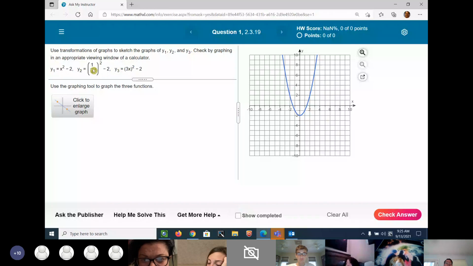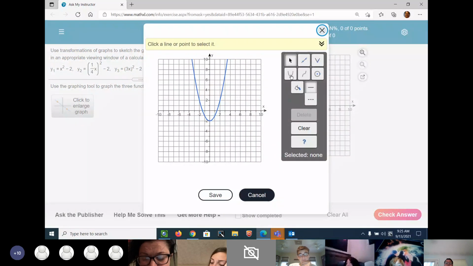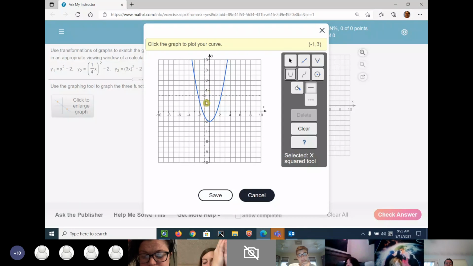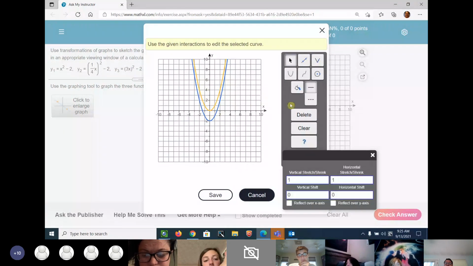Okay, the second one. Y is equal to, and I've got a vertical shift of negative 2. And I've got a stretch, okay? A horizontal stretch of 1 over what?